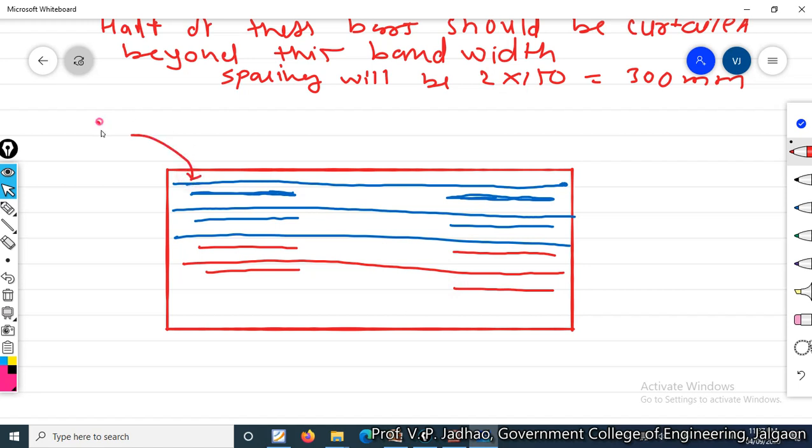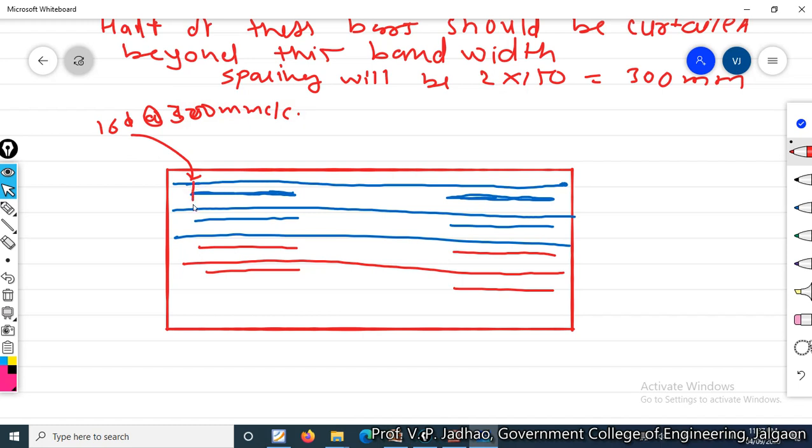These will be 16 phi at 300 mm center to center, whereas this will again be 300 center to center.